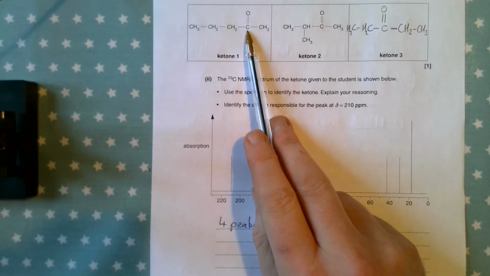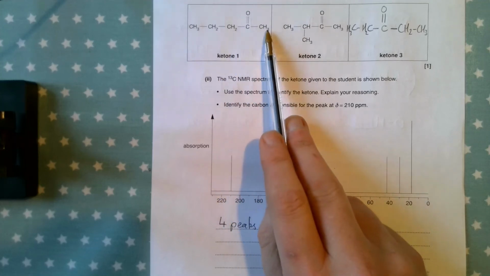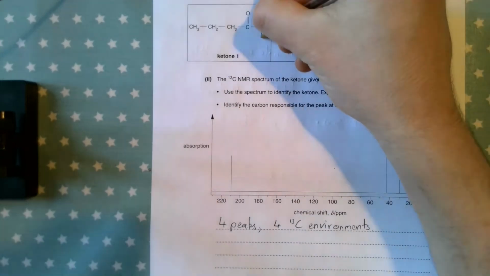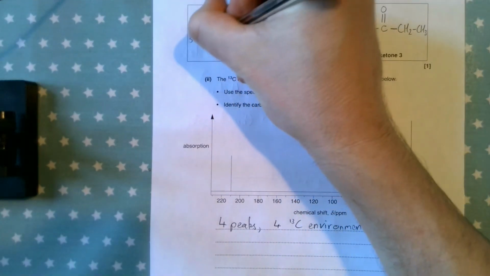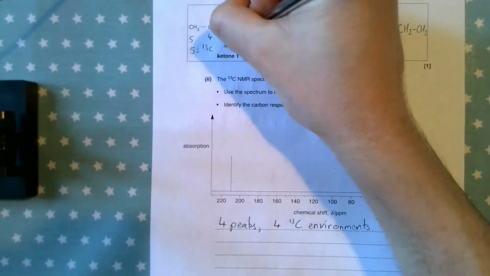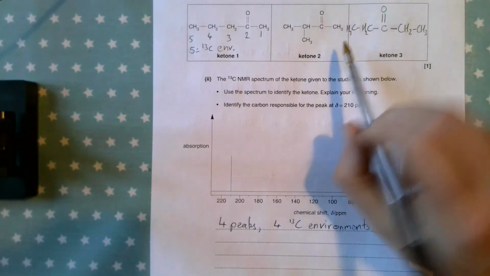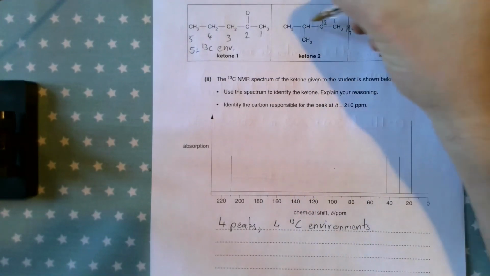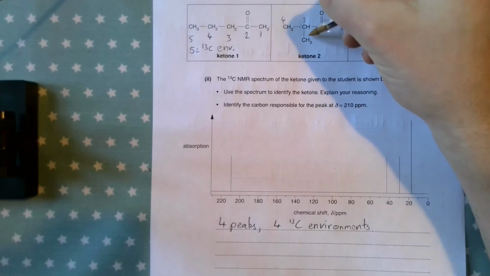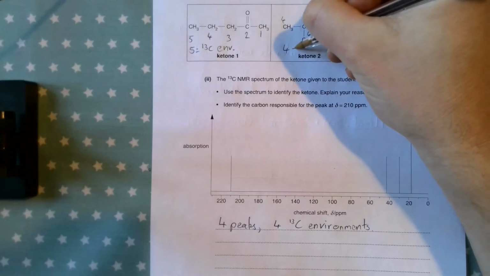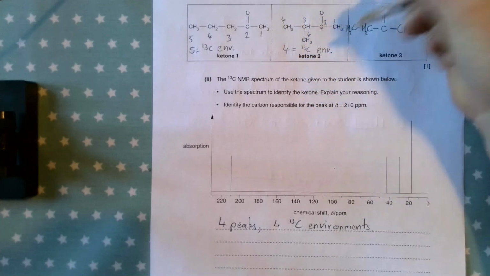Remember, this molecule is asymmetric. There's not the same number of carbons on the left as on the right of the carbonyl. So 1, 2, 3, 4, 5 different carbon-13 environments. For this one, we've got 1, 2, 3, and these 2 here are going to be equivalent. So that one is 4 for the carbon-13 environments.